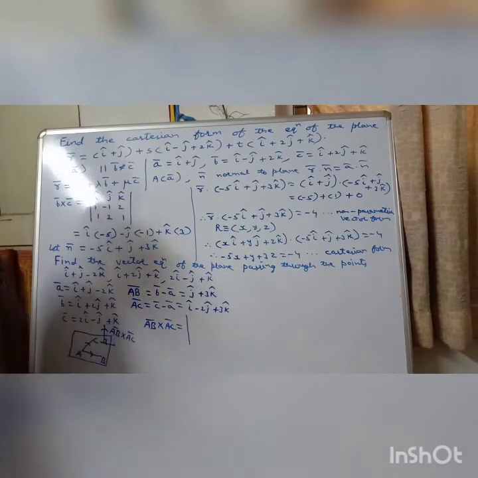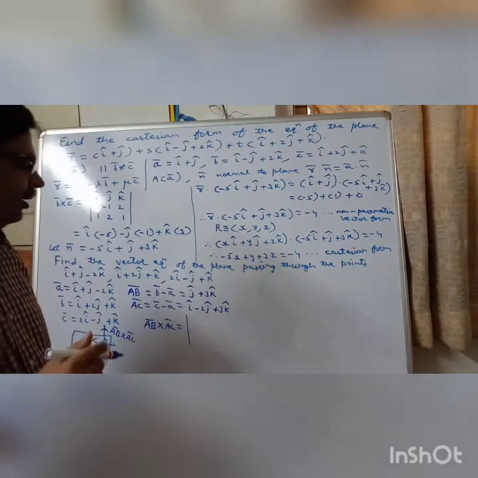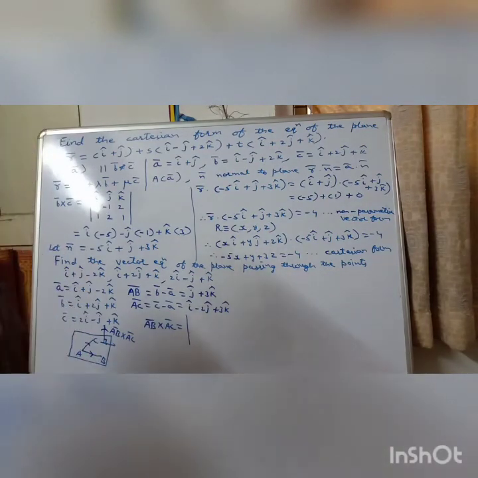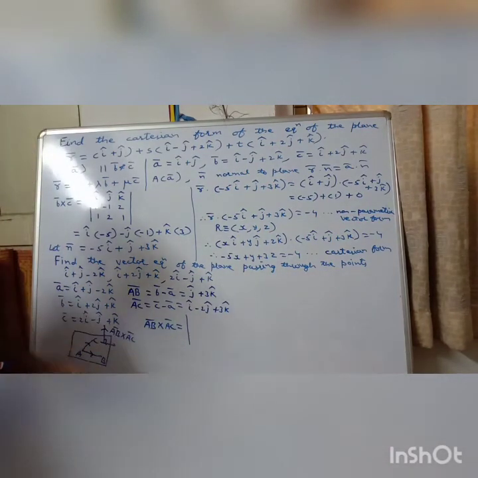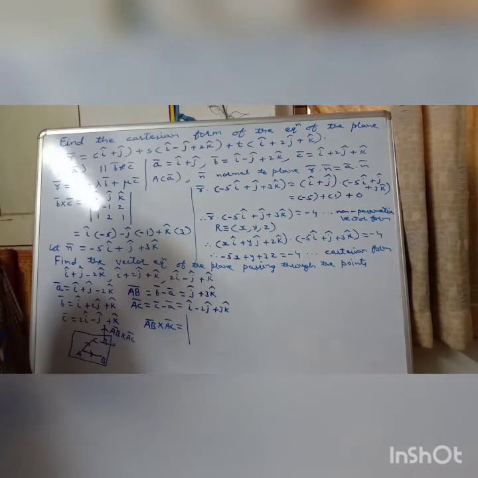Dot product or scalar product of two vectors is a scalar quantity, but cross product or vector product of two vectors is a vector quantity. Both the vectors are in terms of ijk, so use a determinant to find their cross product.